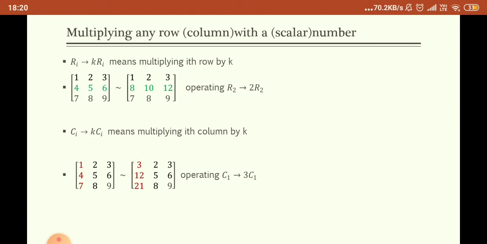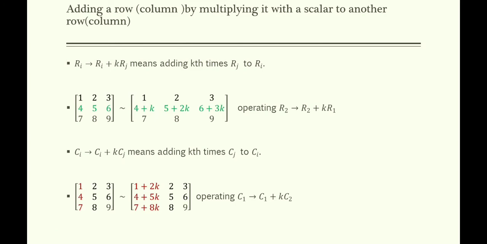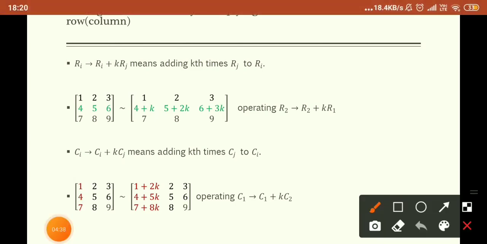And now the last and very important property, that is adding a row multiplied with a scalar to another row. For rows, it is written like this: Ri means the ith row, when it is added to the kth multiple of the jth row.